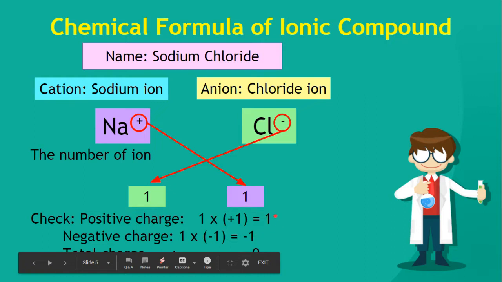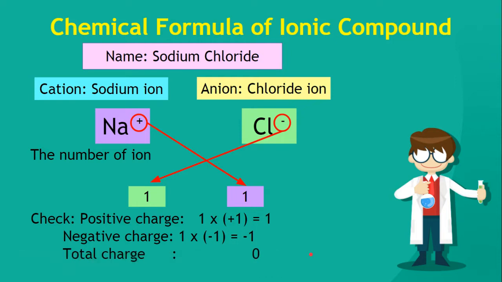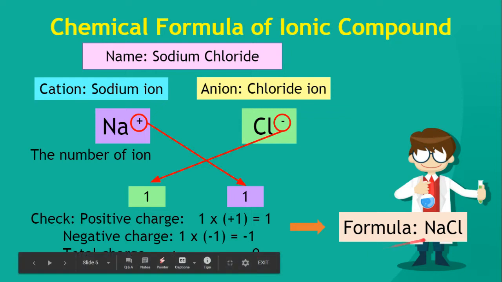For the total charge, you add the positive charge with the negative charge, so the total charge is 0. From there we can determine the formula. The formula is NaCl. We don't need to write down the number 1, we just write NaCl.